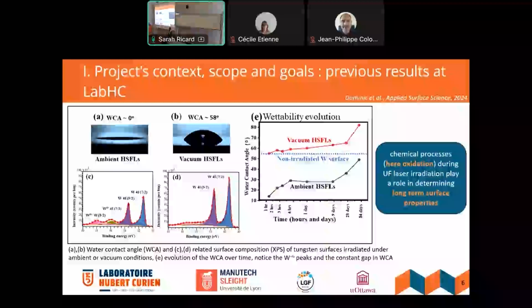But those peaks don't appear in the vacuum, which is also logical. But what's interesting is that over time, there's a gap which stays constant over long periods of time, meaning that there's something fundamental about the oxidation process during irradiation that plays a role in long-term surface properties.